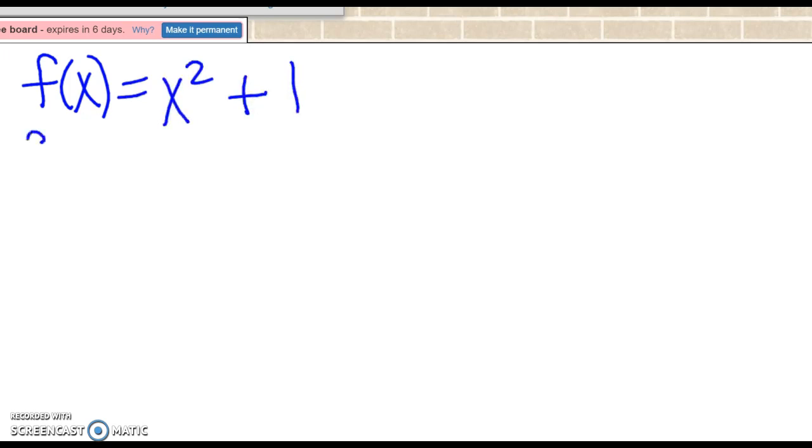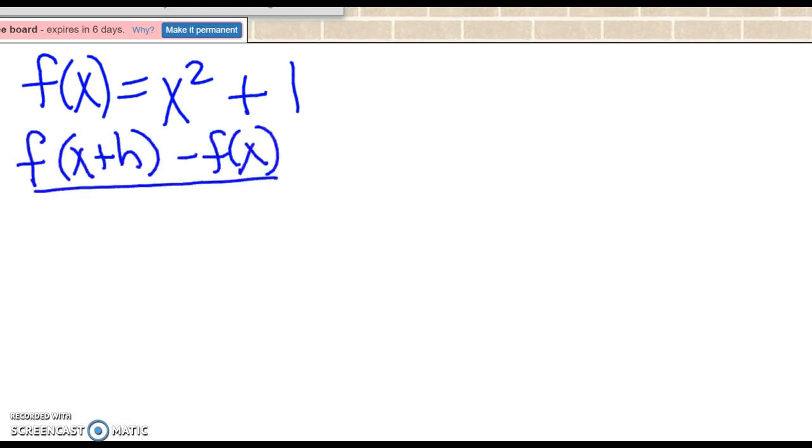Again, the difference quotient is defined as f of x plus h minus f of x, all divided by h. So if we want to find f of x plus h first, it would look like this.